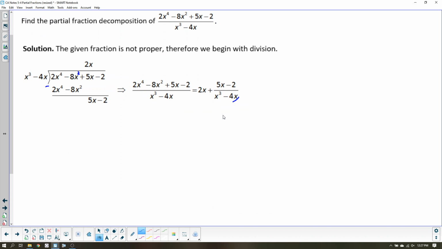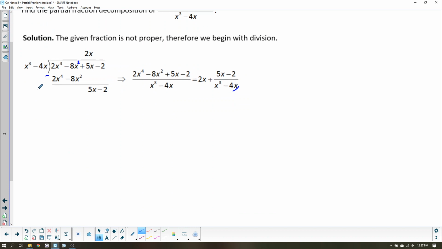Now, if you recall, the first step in the process was to factor that denominator. So let's try to factor x cubed minus 4x. Well, first thing, we've got an x we can pull out. Leaves us with this. x squared minus 4 is a difference of squares.